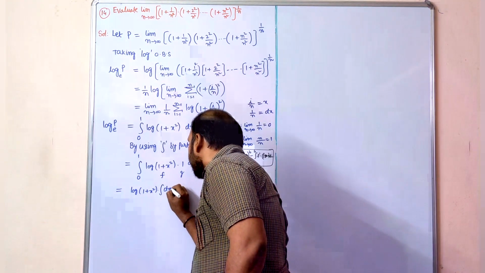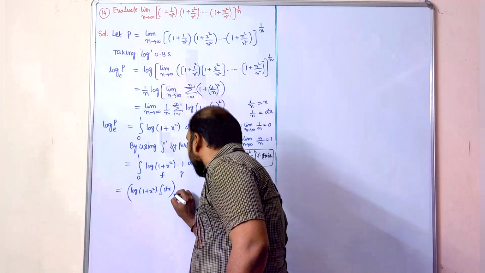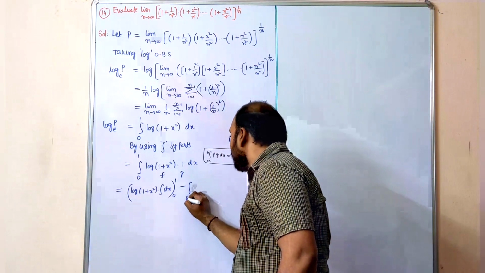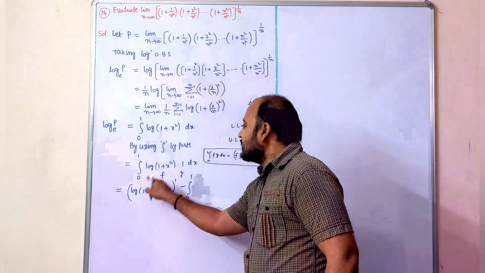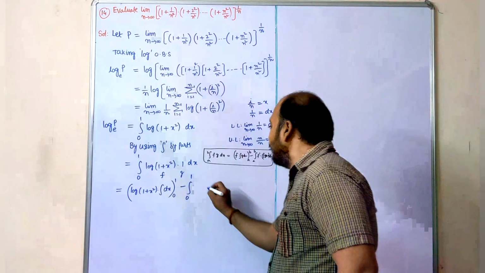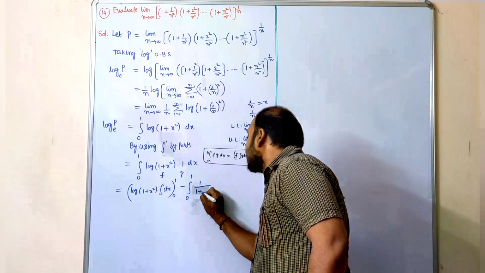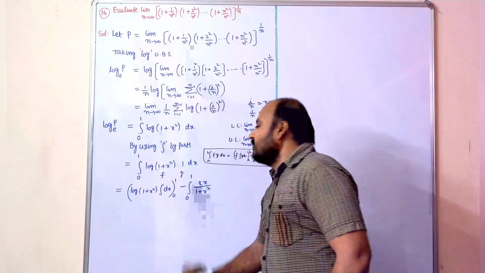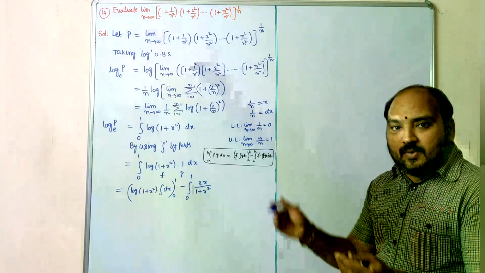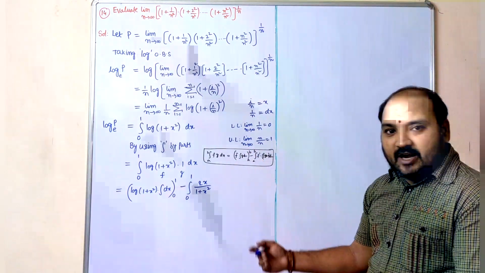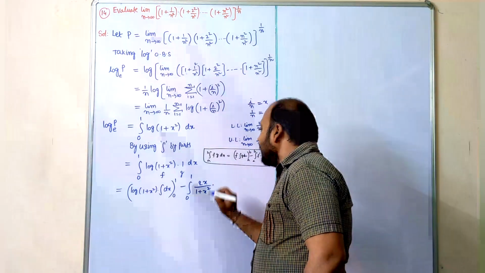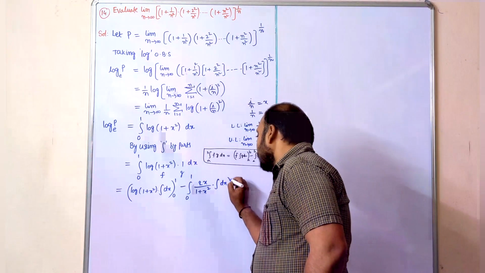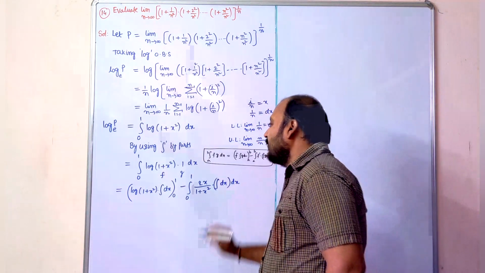Applying the limits 0 to 1, minus integral 0 to 1 f dash of x. The derivative of log of 1 plus x square is 1 by 1 plus x square, and again the derivative of 1 plus x square is 2x, into integral dx, whole dx.